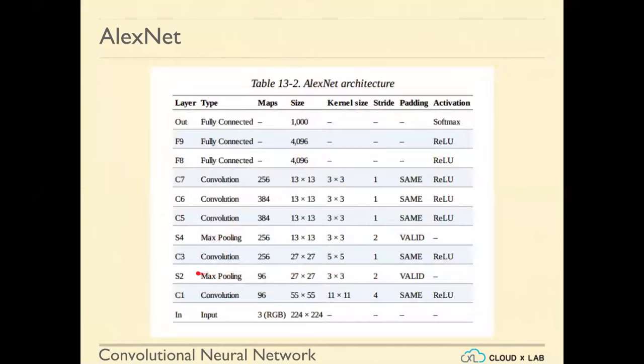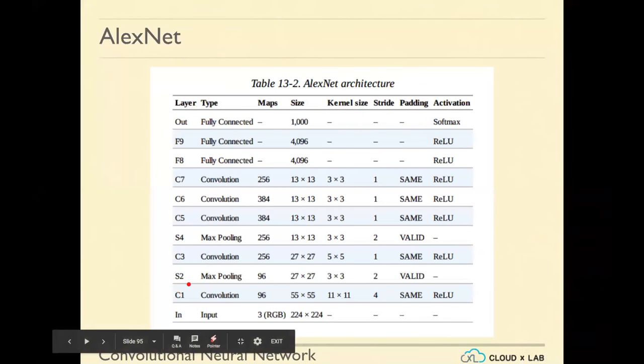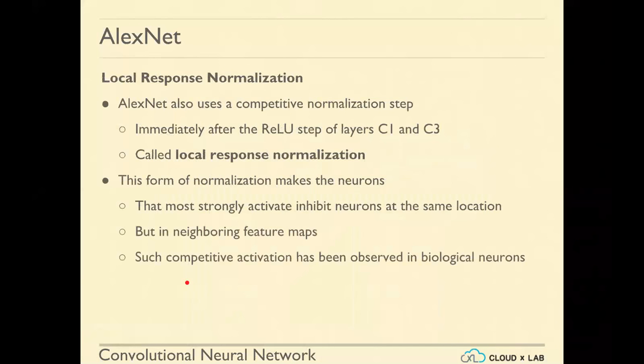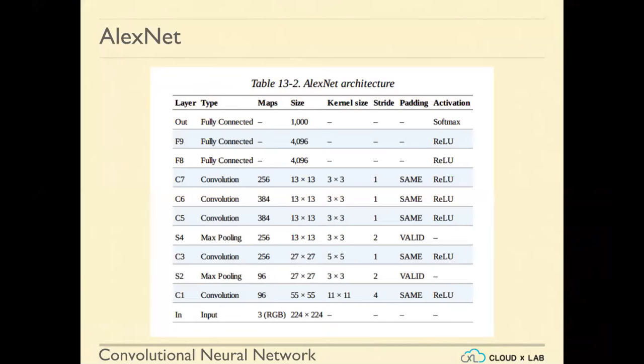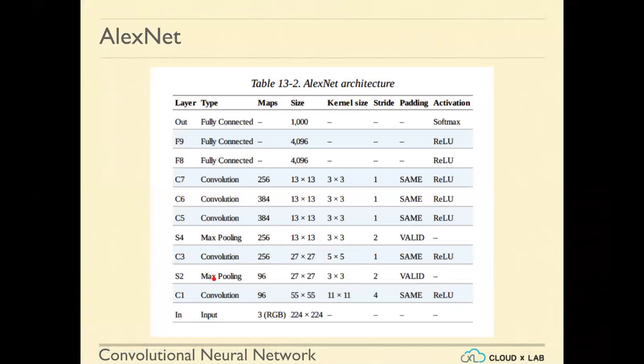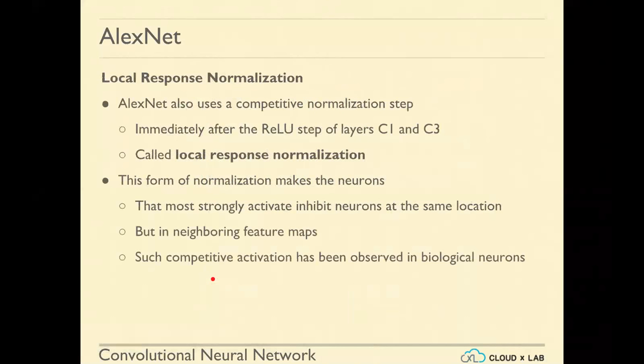So after this convolution layer, after applying a ReLU, at both places, the competitive normalization step, also called local response normalization, was used.